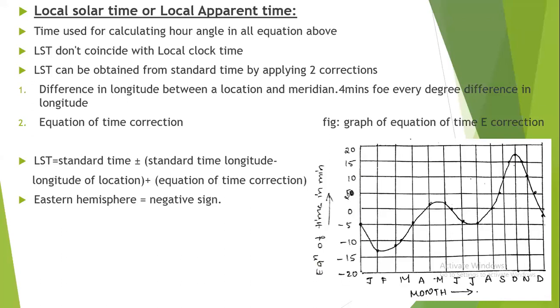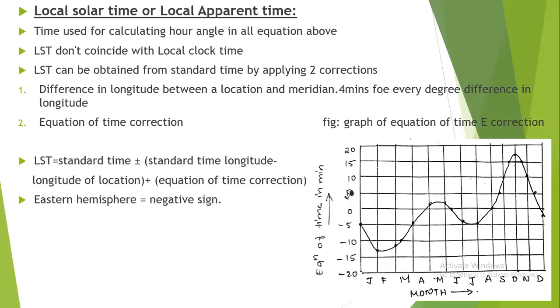The first correction is because of the difference in longitude between a location and the meridian. Our standard time is based on the meridian. Because there is a difference between the location and the meridian, we get a difference between the LST and local clock time.